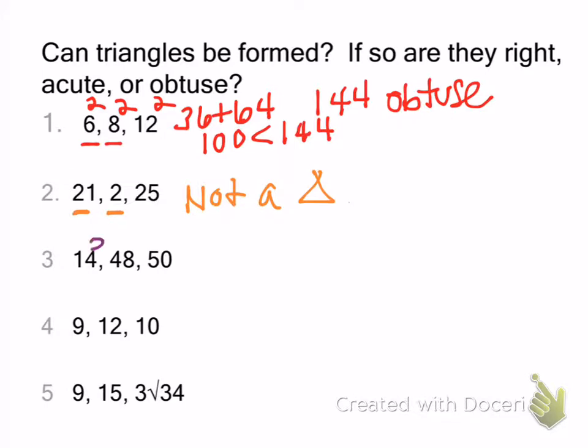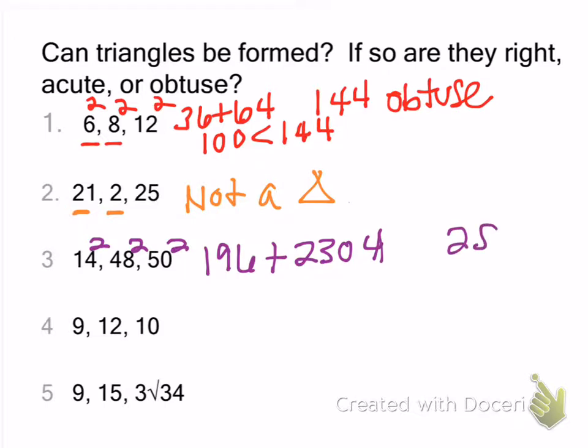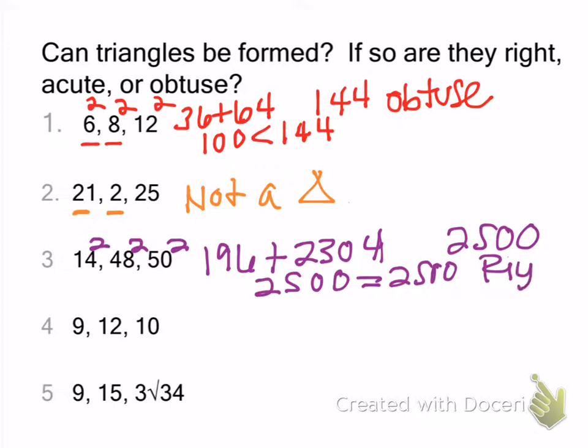So now I'm going to plug it into the Pythagorean theorem. 14 squared is 196, plus 48 squared is 2,304, and 50 squared is 2,500. When you add those two numbers together, they do equal 2,500. Because these are equal, this would be right.